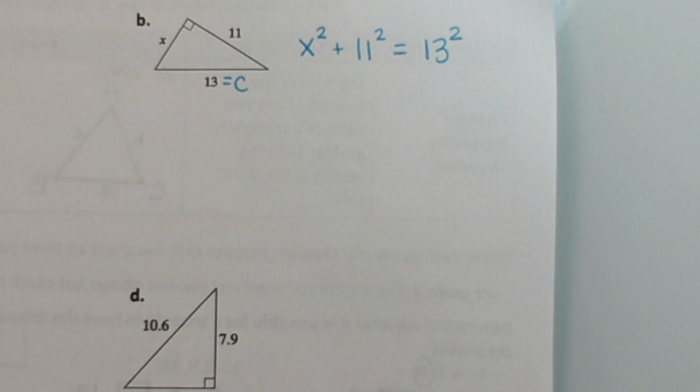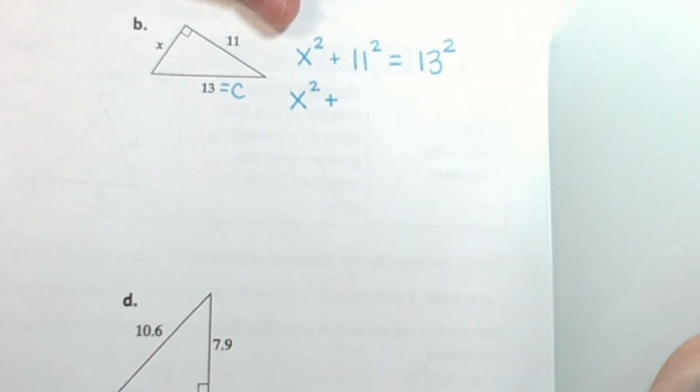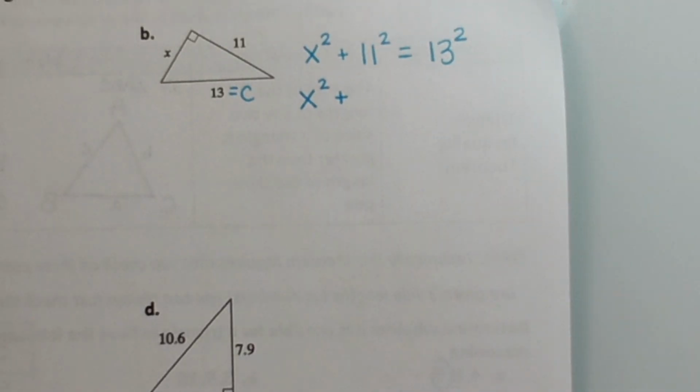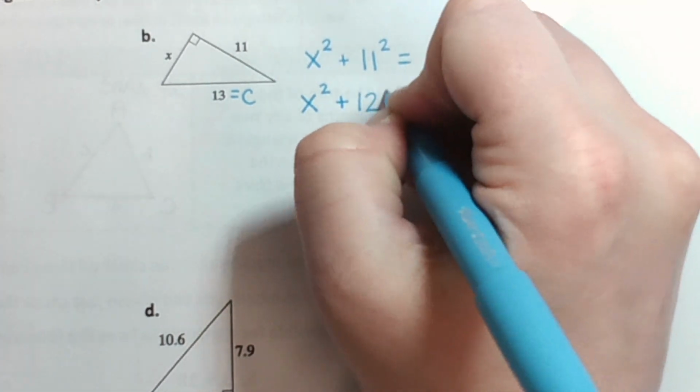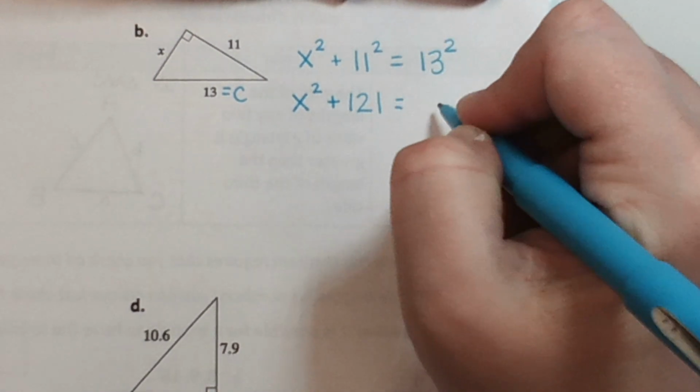What do we do next? Square things. What's 11 squared? You got calculators for a reason, and if you don't have a calculator, you should grab one. It is 121. 13 squared. 169.